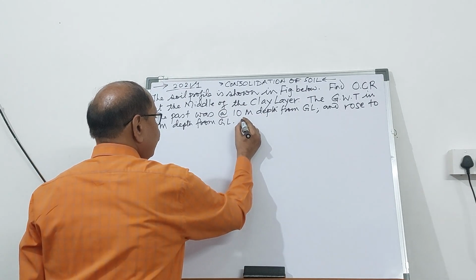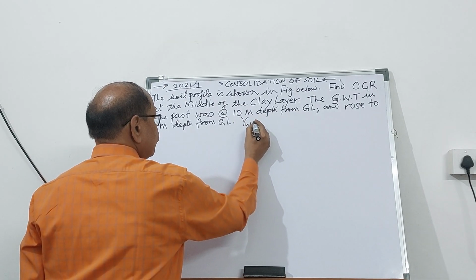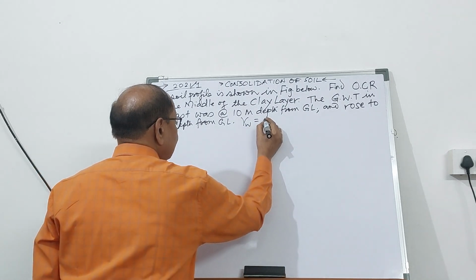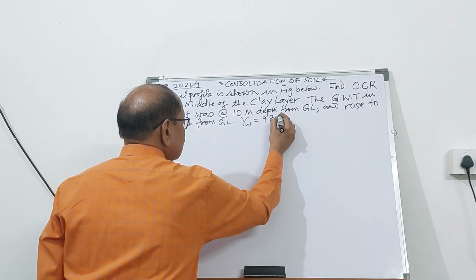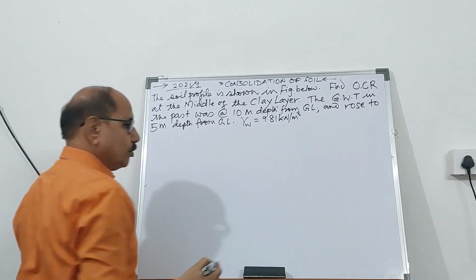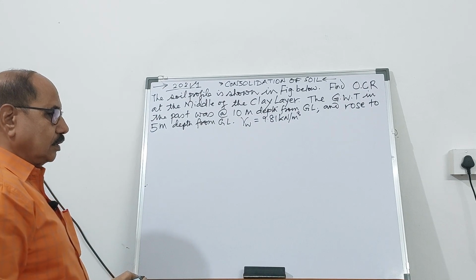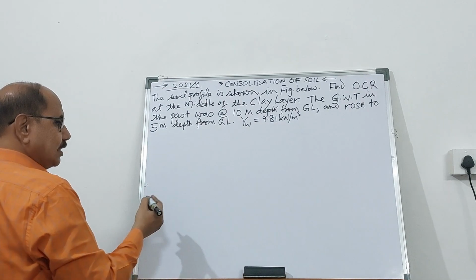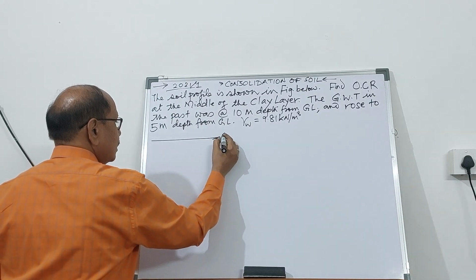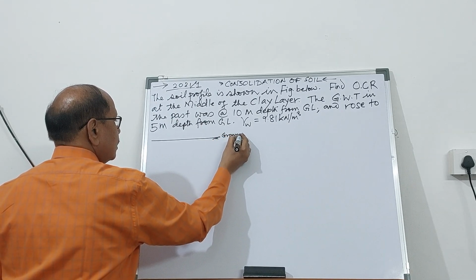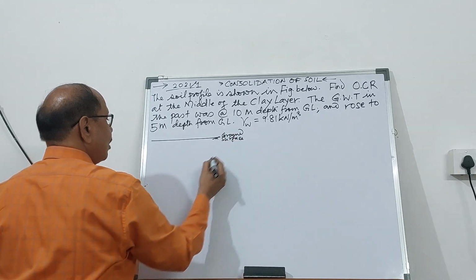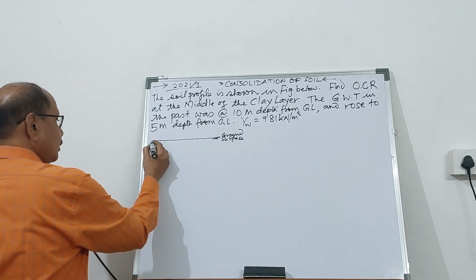The unit weight of water is 9.81 kilonewton per cubic meter. And the figure is like this. You have the ground surface, or ground level, shown here.